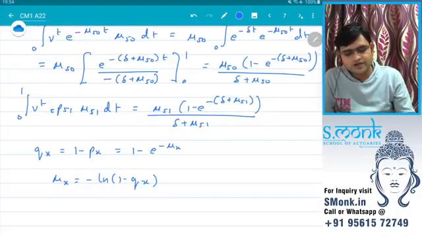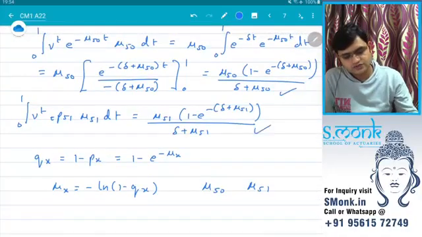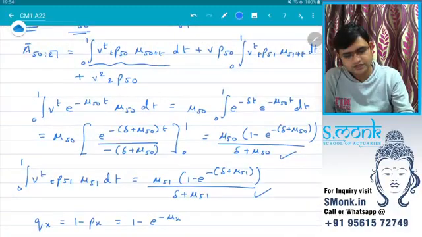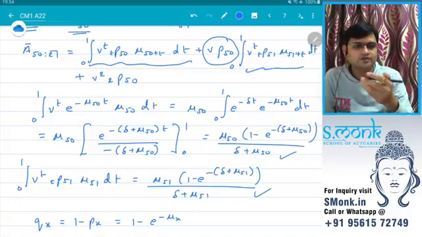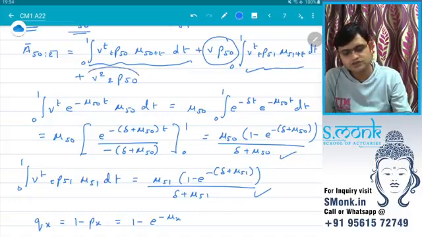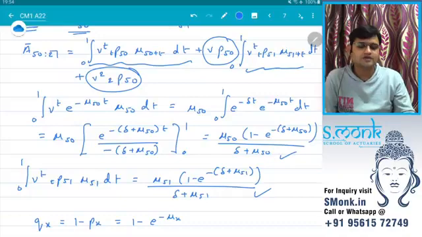Using this, find mu 50 and mu 51. Substitute these values and you will get these two integrations. V P50 again from the table book, that is AM92. This also from AM92 directly.